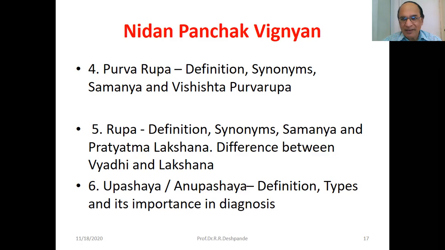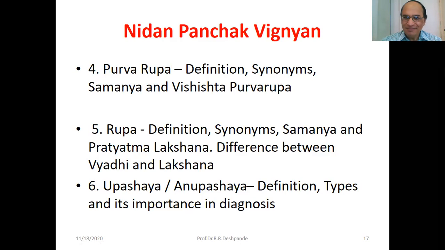You may suspect, after the age of 40, 50 years, if there is no problem like my teaching and all this thing, no cold cough, and still there is a change in voice, it indicates laryngeal cancer, cancer of vocal cords. Don't forget, this is Purva Rupa, warning signals.